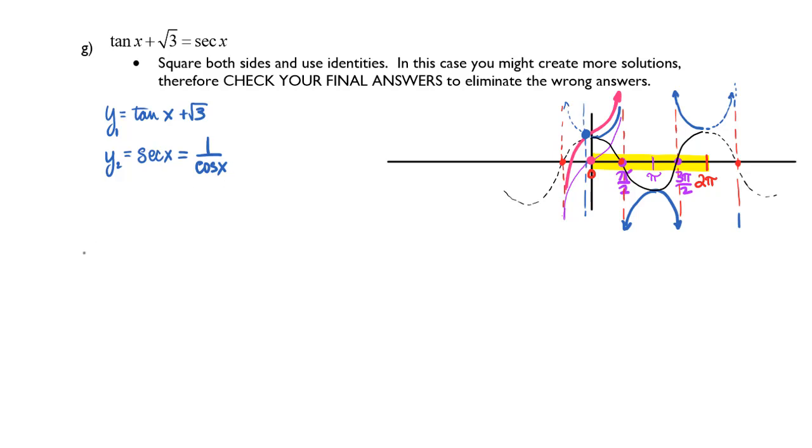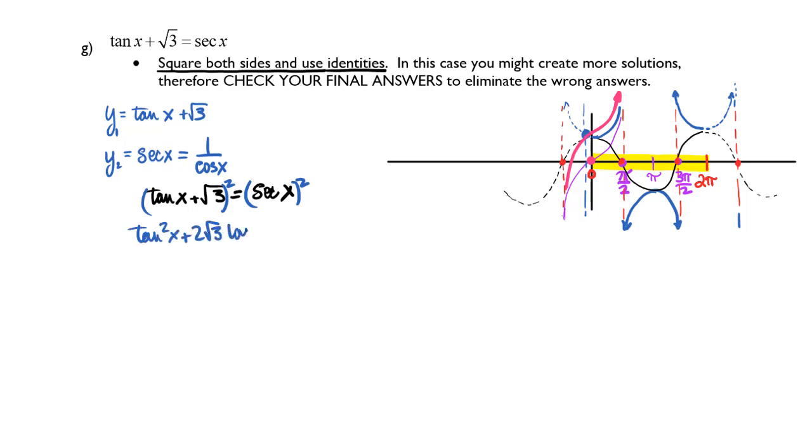Now, once you know that, it's going to be a little easier to solve this thing. It says to square both sides as the hint and then use identities. So we'll go ahead and do that. We have tangent of x plus root 3 equals secant of x, and then we'll square both sides, and we'll get tangent squared x plus 2 root 3 tangent of x plus 3 equals secant squared x.